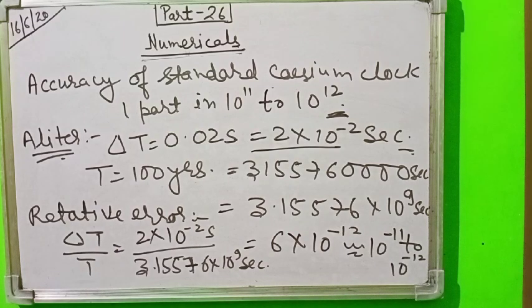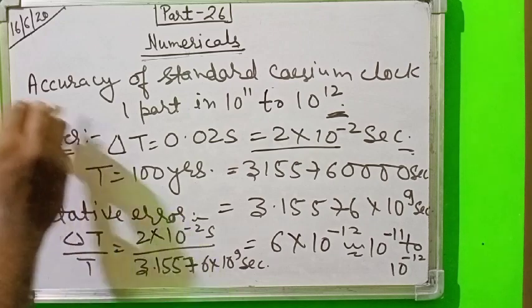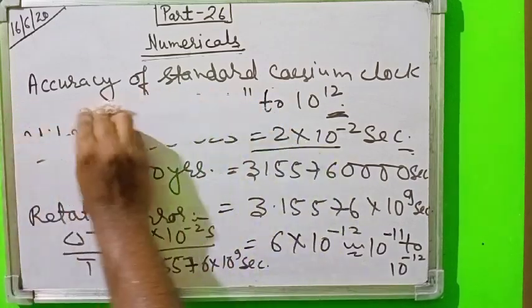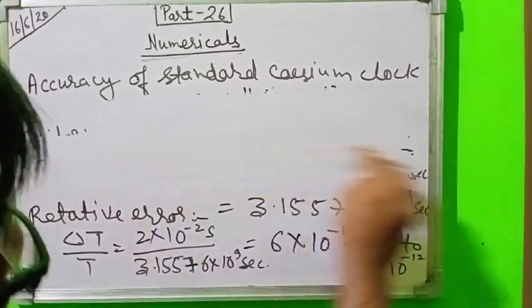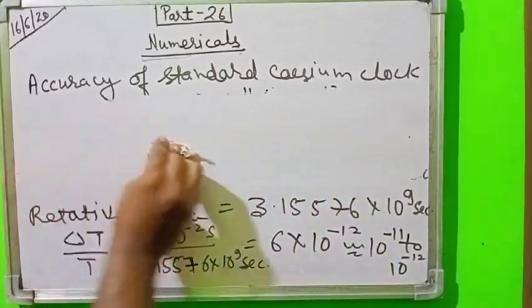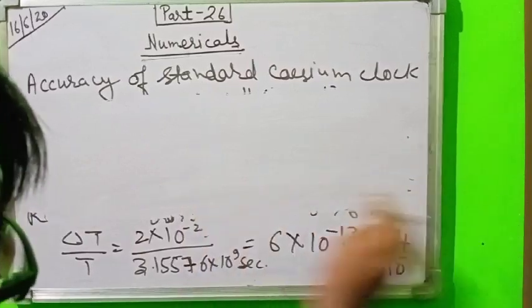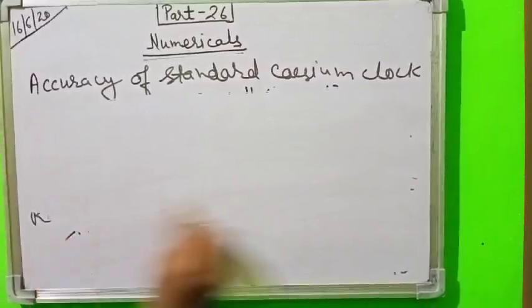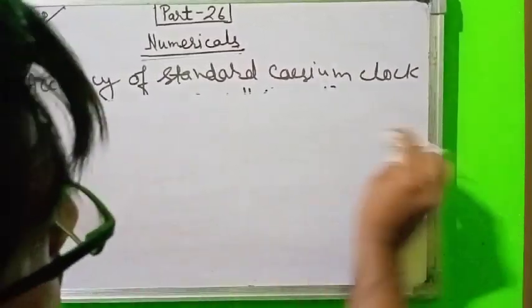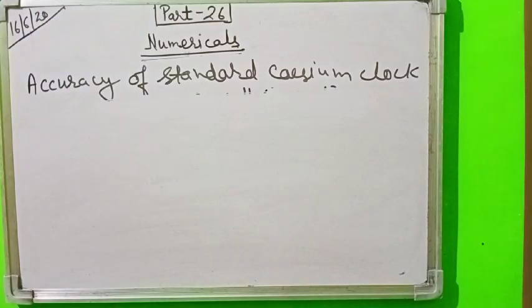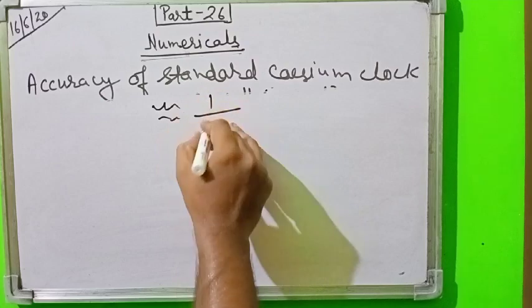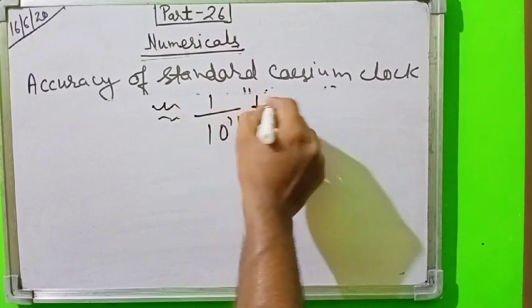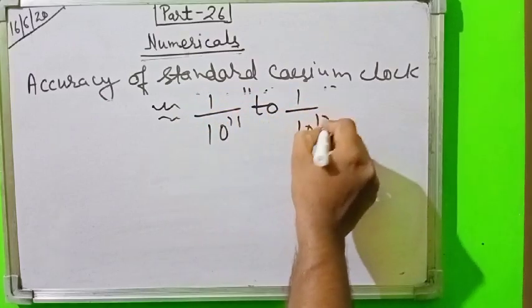Means the accuracy in this case is approximately equal to 1 upon 10 to the power 11 to 1 upon 10 to the power 12.